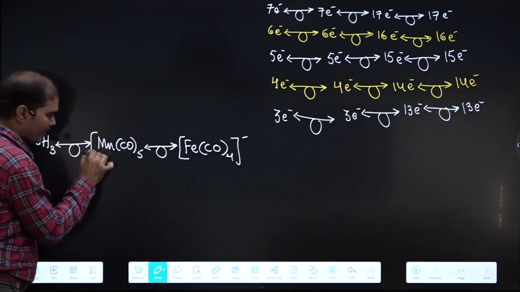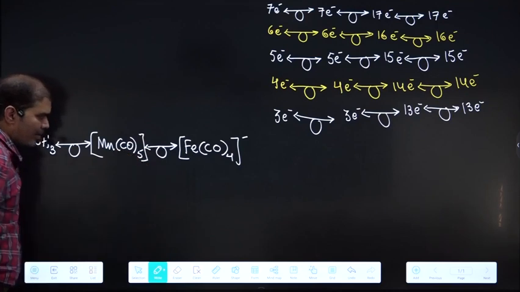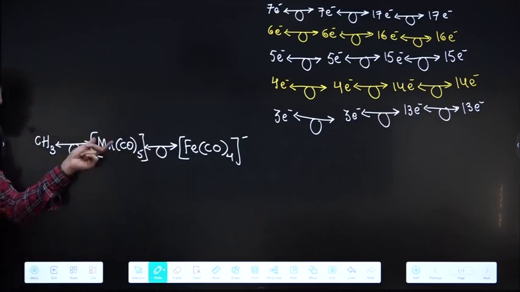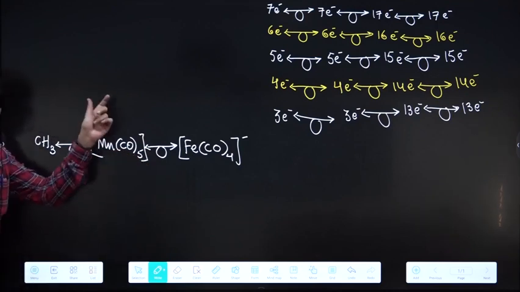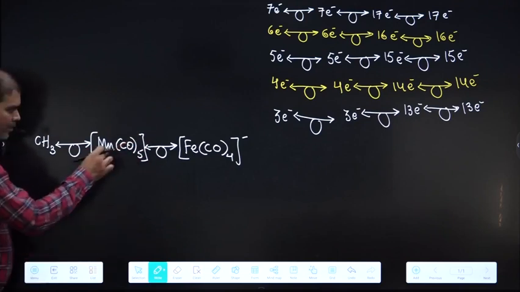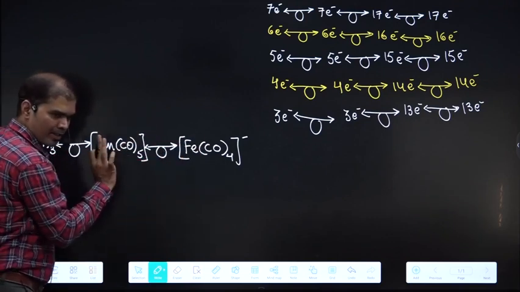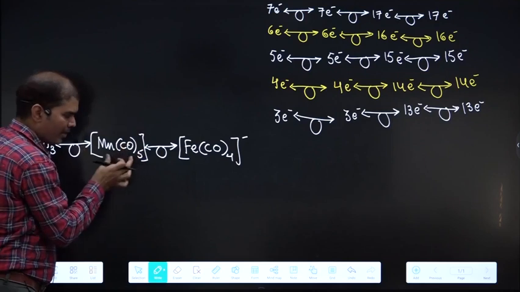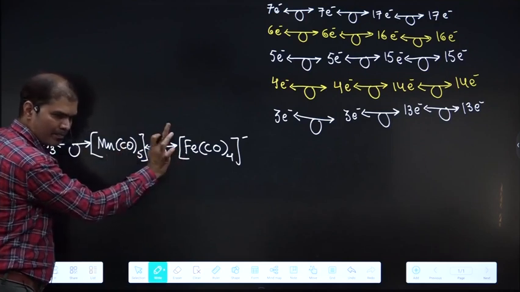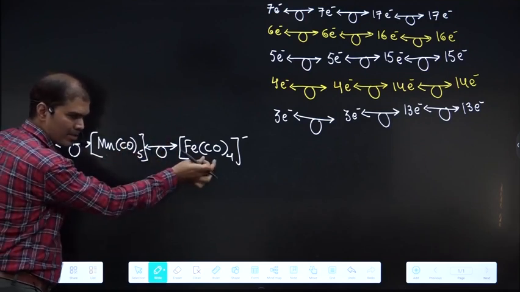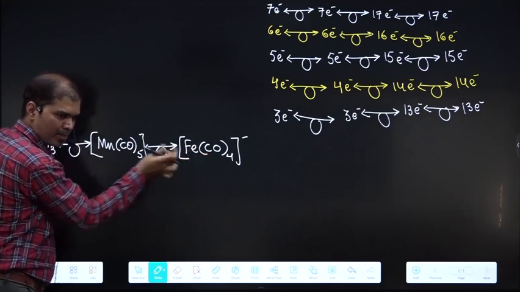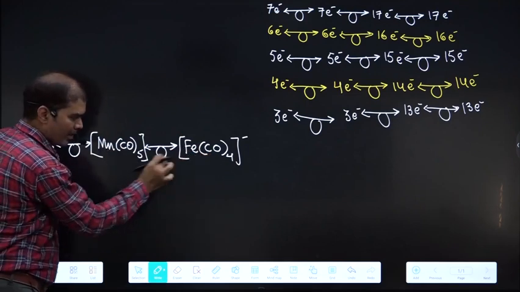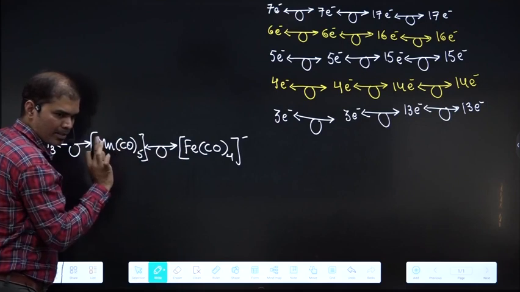Okay. So what is one guideline we got? Suppose I'm choosing one 17 electron system, I can choose another 17 electron system where the charges can be different, but the number of electrons should be the same. This is a neutral species. This is a negative species, but both are 17 electron species, and they are said to be isolobal. Okay.